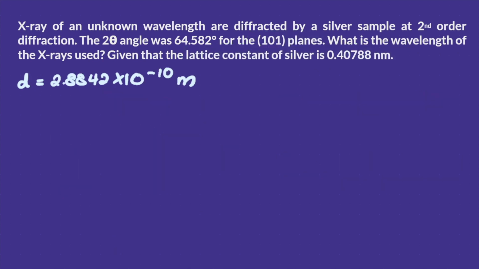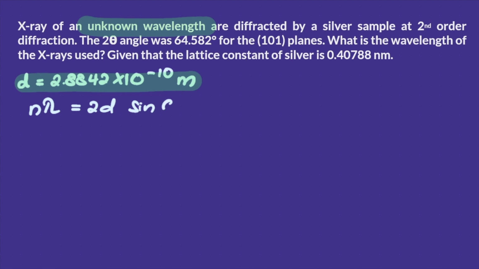Since we already got the value for d, now we can move forward to calculate the wavelength of the X-ray. In order to calculate the wavelength, you need to use the formula, n lambda is equivalent to 2d sine theta.